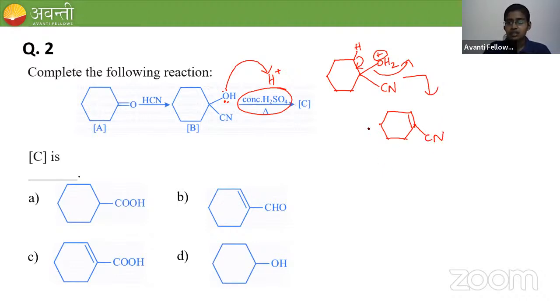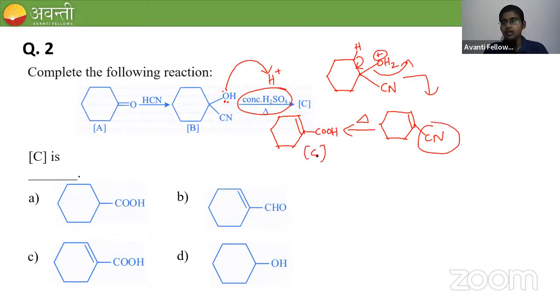And again, this on treatment with the same sulfuric acid on heating forms COOH. CN is hydrolyzed to COOH. So this is compound C. So basically what is happening?